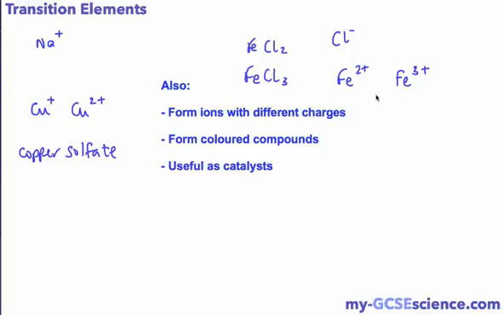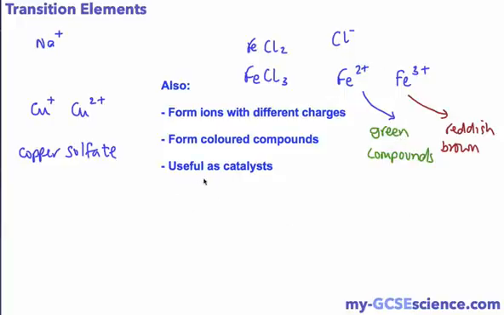Iron 2 can produce green compounds, whereas iron 3 tends to form reddish brown compounds. Okay, so that's another feature of the transition elements. They form colored compounds, and depending on the metal you're talking about, they're going to form slightly different colored compounds.